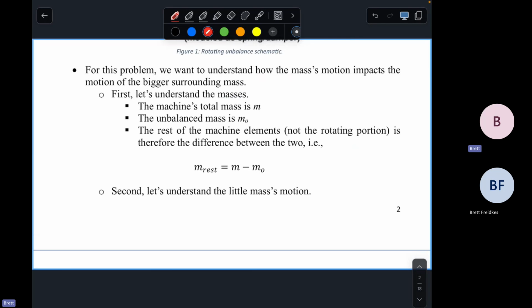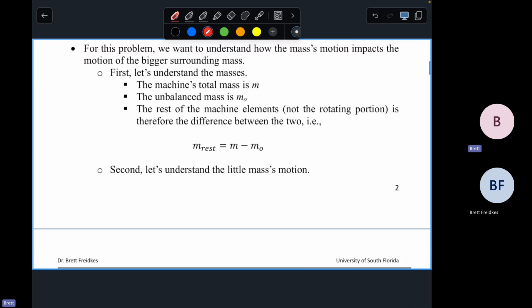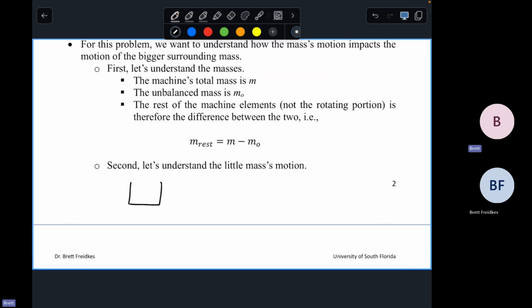So to derive this, we had to do two sets of Newton's law, F equals ma. We looked at the rest of the system, which does not include the mass. We assume that this was going up, x of t. We had kx and cx dot going down.